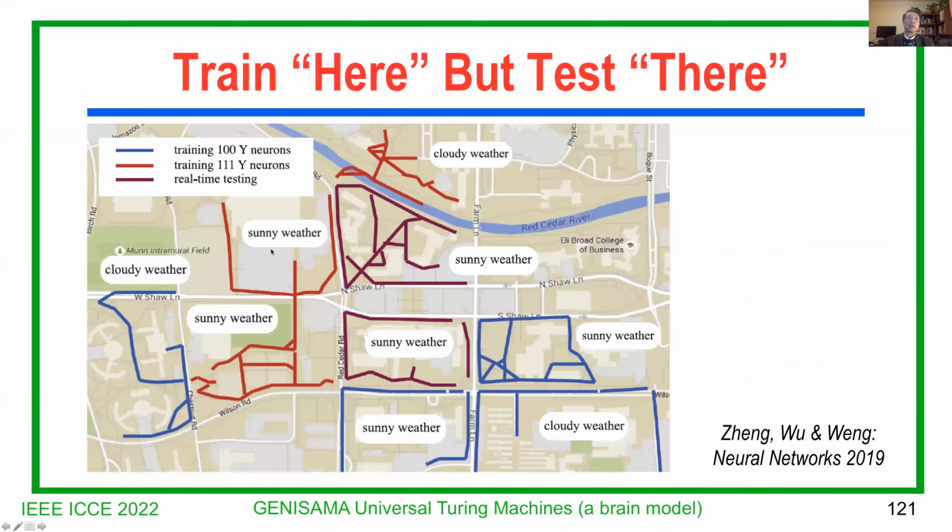At the MSU campus, the training is on the blue path here, then training with internal connections, white-to-white connections. Red and purple are real-time testing. So you can see that testing was disjoint from training sections, so generalization is across different physical sections.